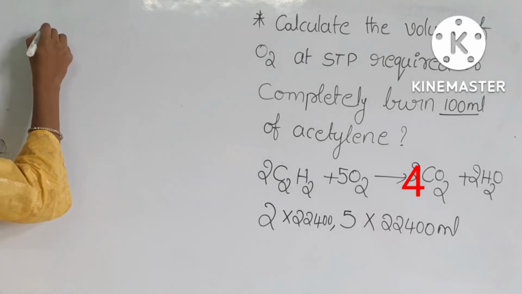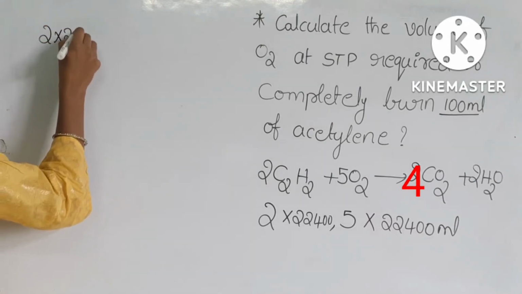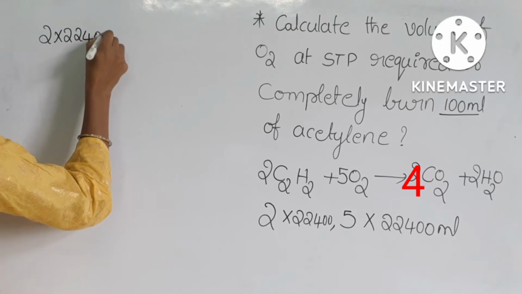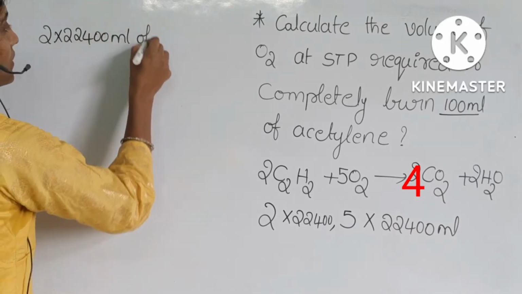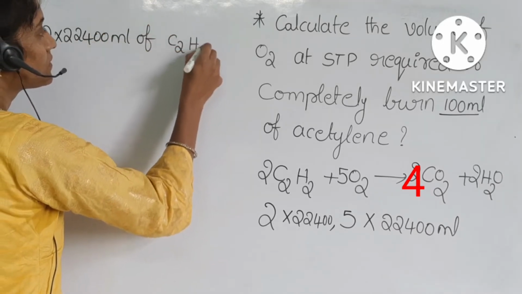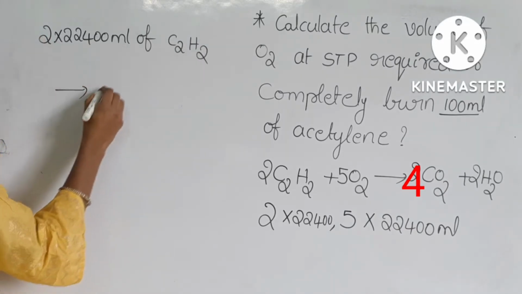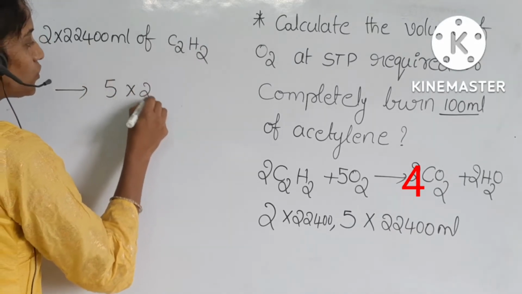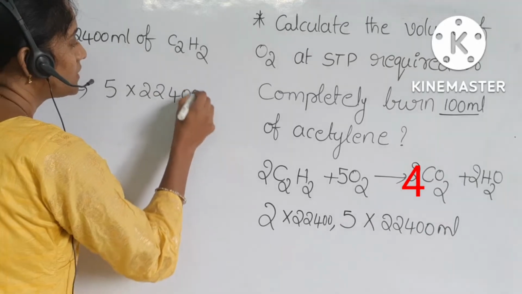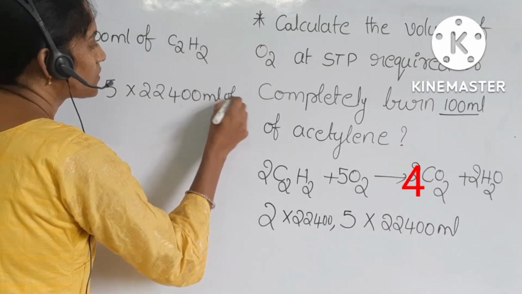Here 2 into 22,400 ml of acetylene needs 5 into 22,400 ml of oxygen.